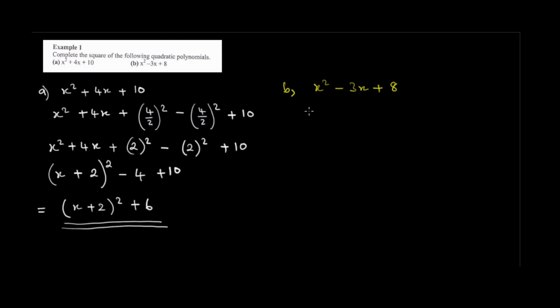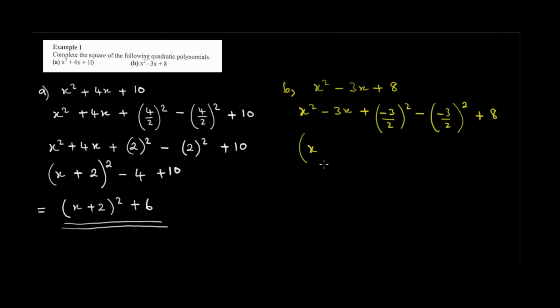So for x squared minus 3x, we add half of the coefficient of x. The coefficient of x is minus 3, so it's minus 3 over 2 squared, and immediately subtract minus 3 over 2 squared, then plus 8.